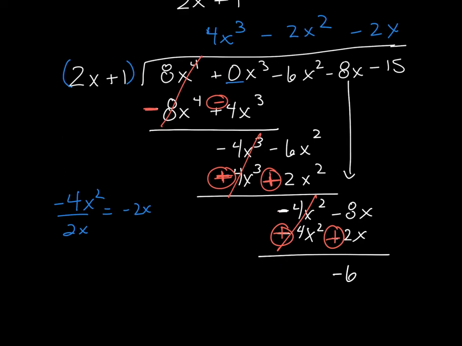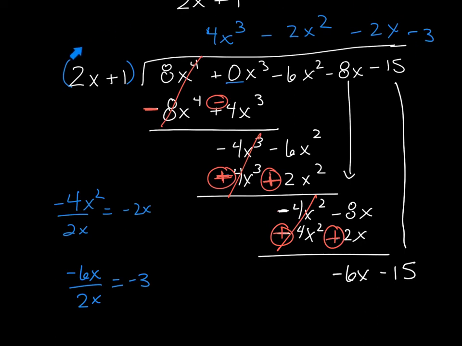I'm left with a negative 6x. I bring down my last term, which is a negative 15. And the last thing I have to ask myself is 2x times what will equal a negative 6x. So that's a negative 6x divided by 2x, which tells me it's just a negative 3. Put a negative 3 up top. Now I take that negative 3. Again, process is the same. Multiply it times both pieces here.